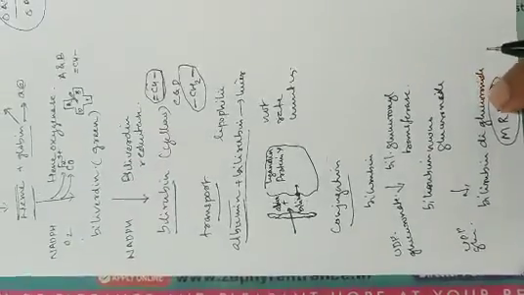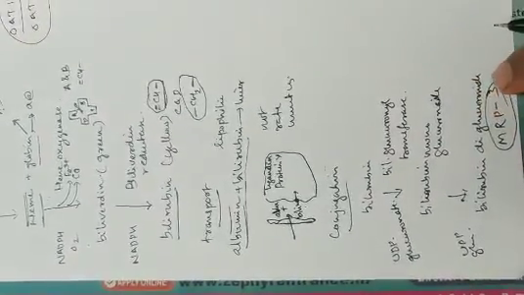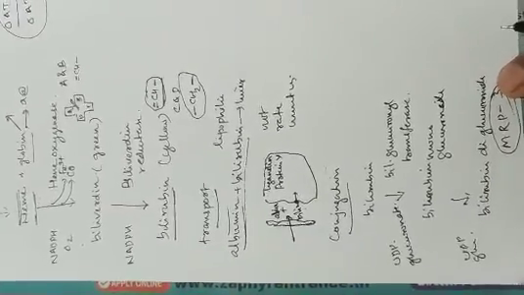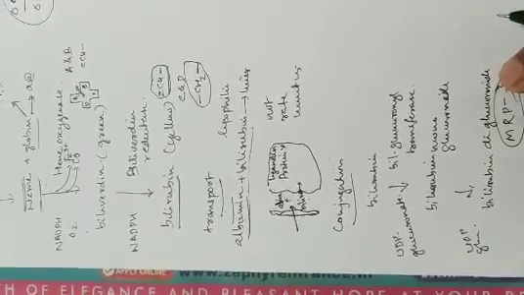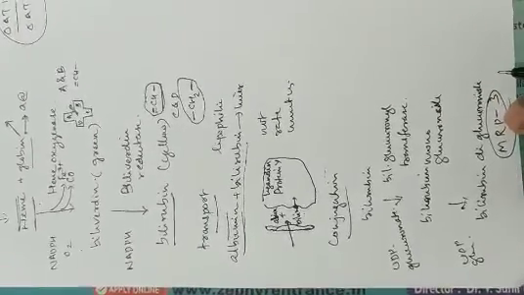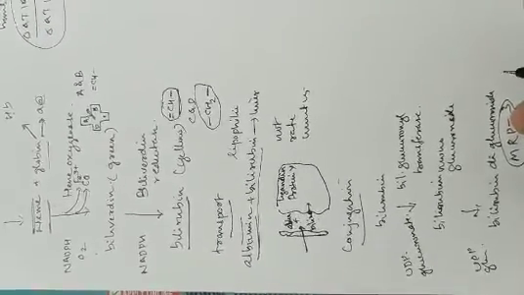So a major portion of conjugated bilirubin is excreted through bile, and a minor portion enters into portal circulation with the help of protein known as multi-drug resistance protein 3.